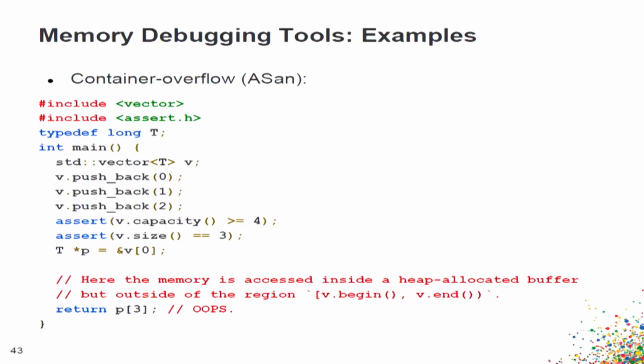So you identify a vector, then you do push_back 3 times. Then, for example, the vector has a capacity of, say, 4, which is the size of the buffer in the internal implementation. But it only has 3 as the size method. And then we start addressing it using the pointer.